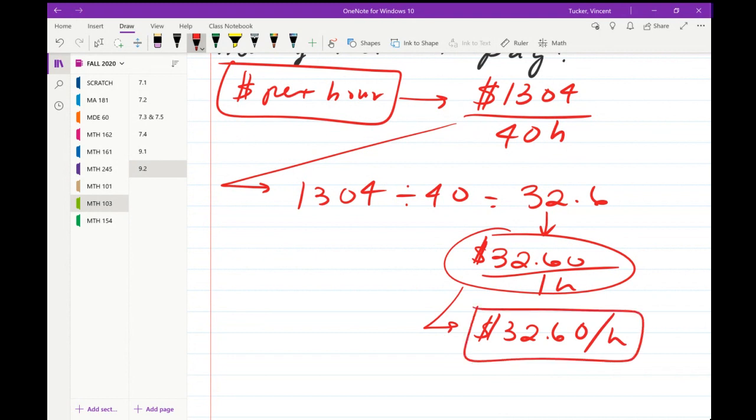So it can be written either one of those ways. All right. Questions before we look at another one?